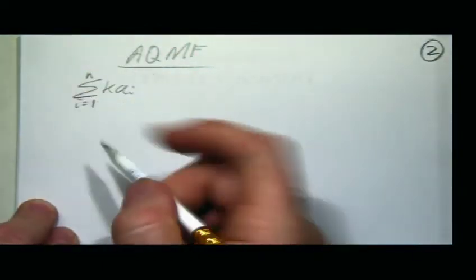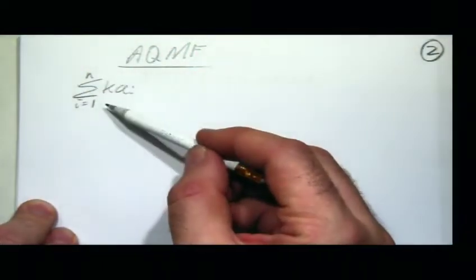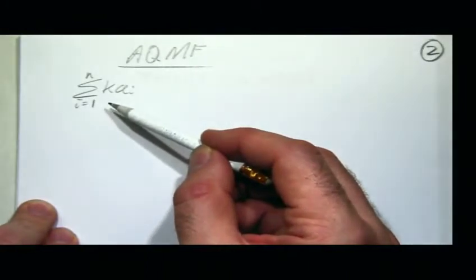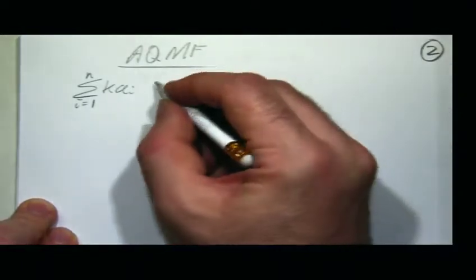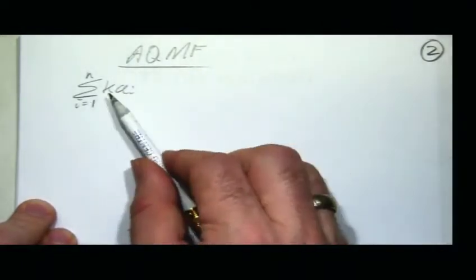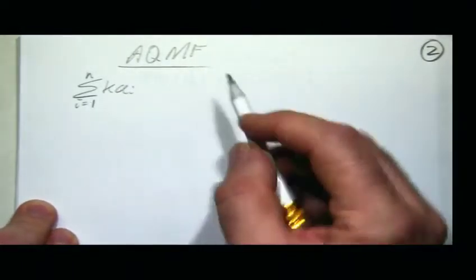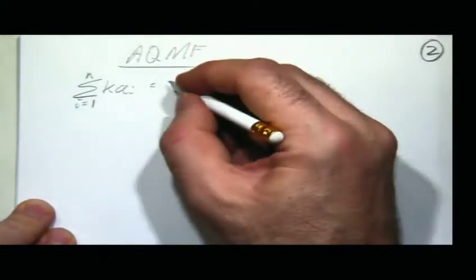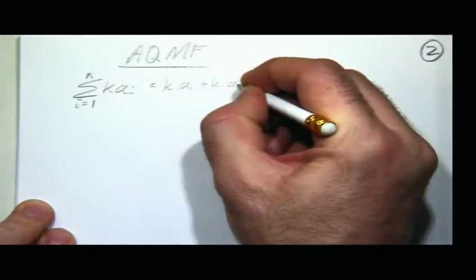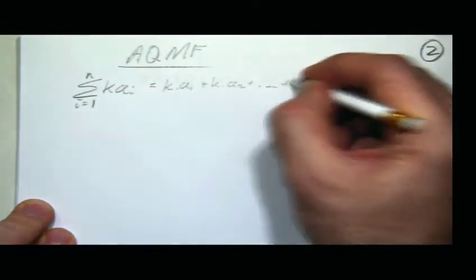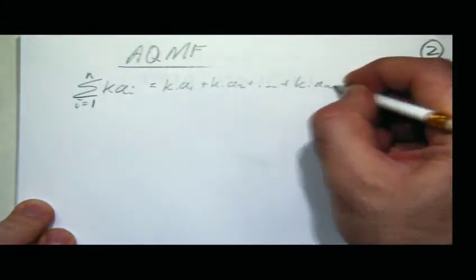With this one, the limits of summation don't make any difference at all. They're just numbers that I've included to make the sum the same. Because this is k times this value, if I write out what that would mean, it would be k times a1 plus k times a2 plus, and we're going to finish with k times an.